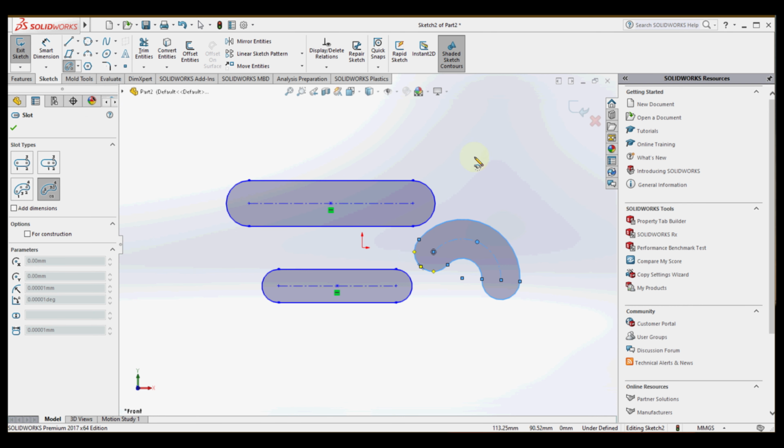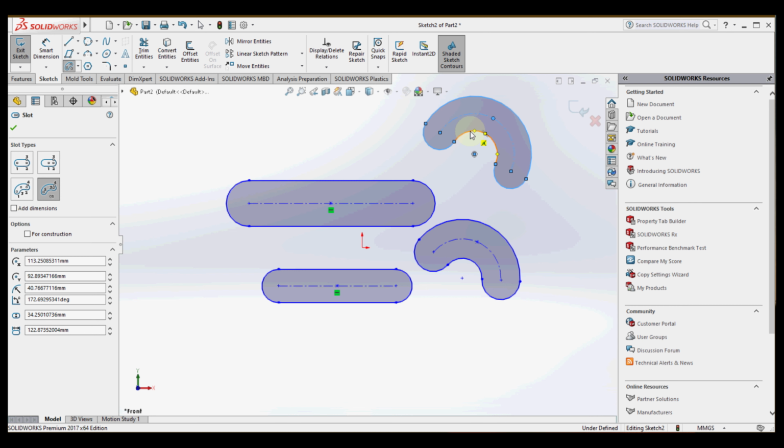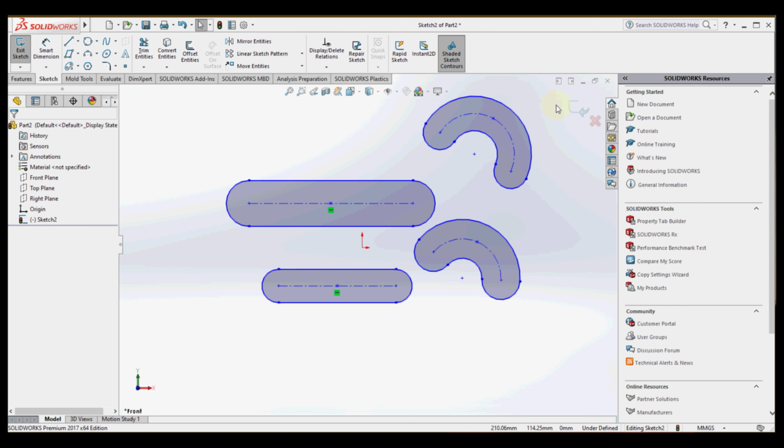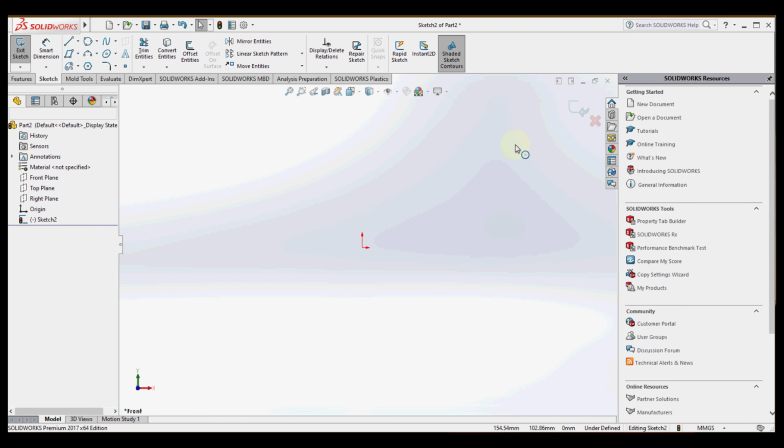Center point arc slot. Similar to the previous but the arc is drawn by selecting the center of the arc's circle. Okay, we can move further to the next topic.